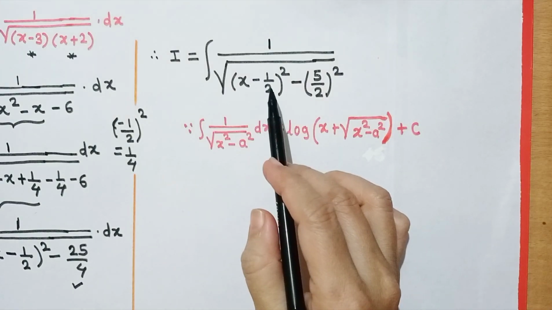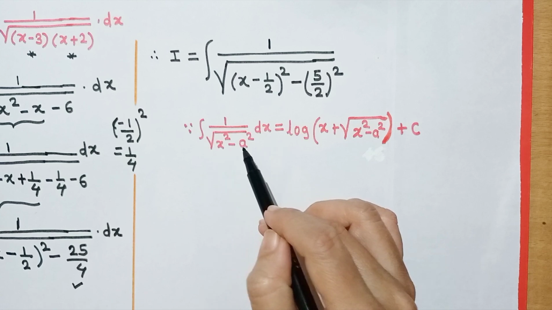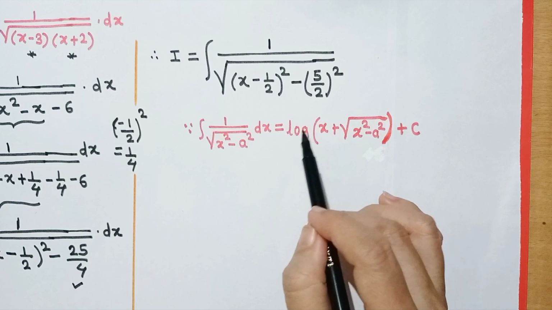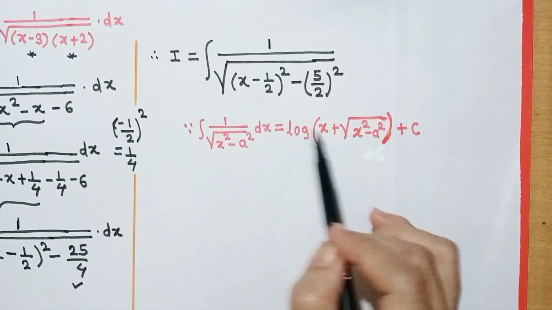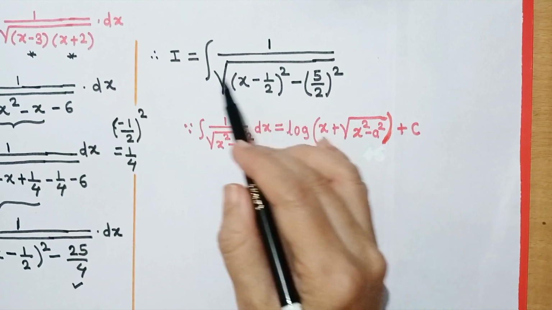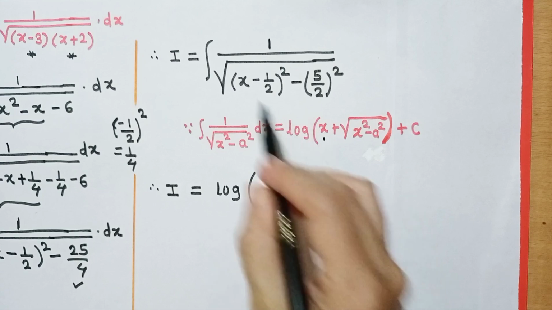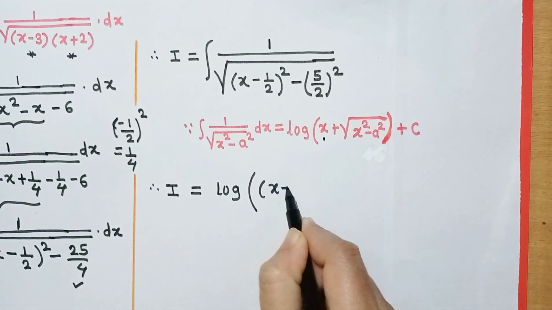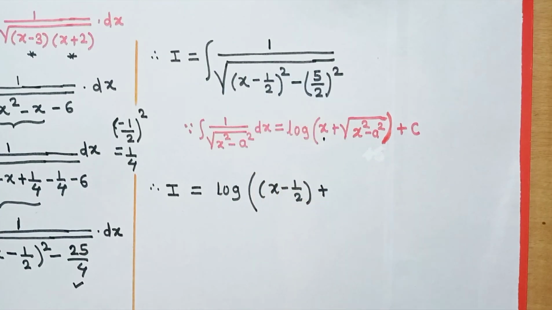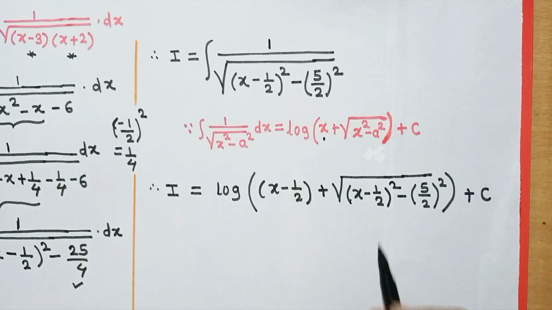Check now. This denominator is in the form under root x square minus a square. So we will use this formula, and so we will write log x. Instead of x we will write this x minus half and this root as it is, and then we will write here plus c.